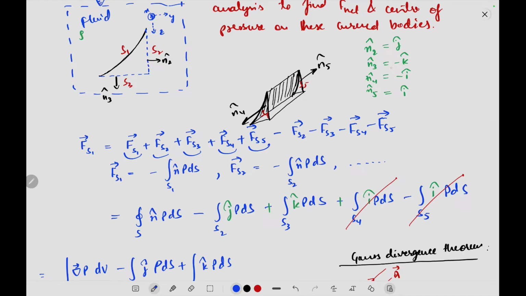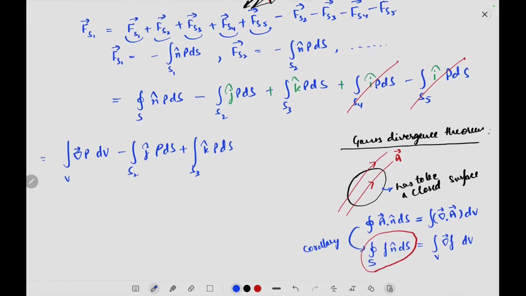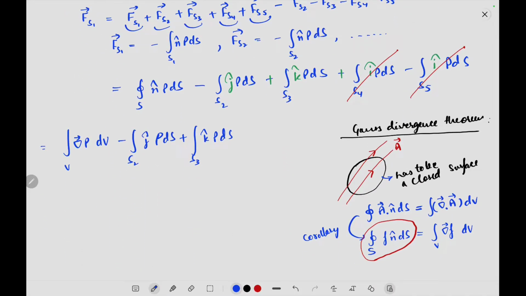Similarly n4 and n5 were written. Then, using the Gauss divergence theorem, we wrote this surface integral in terms of the volume integral.